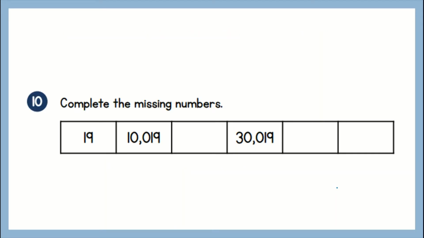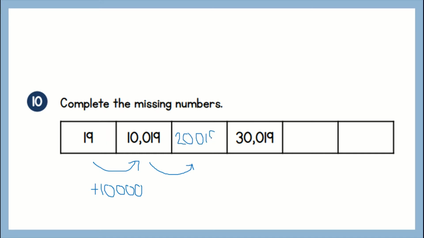Question 10. Complete the missing numbers. We're going to work out what each time it's going up by. So here, it's gone from 19 to 10,019. So we've added 10,000. So if we add 10,000 each time, 10,019 add 10,000, we would get 20,019.